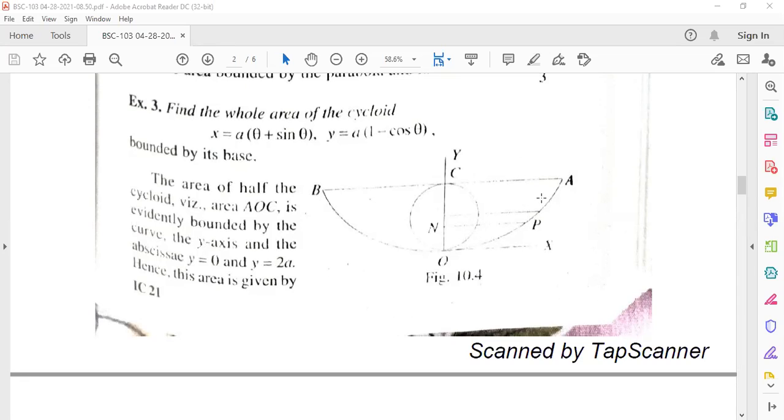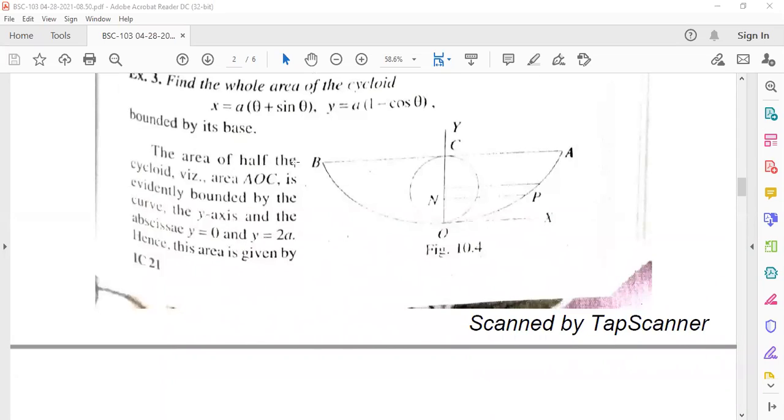So we are interested in finding the area of AOC. Now this part is bounded by the x-axis, that means y equal to 0, the y-axis, that means x equal to 0, and this part is y equal to 2a. This is the bounded area of the cycloid.